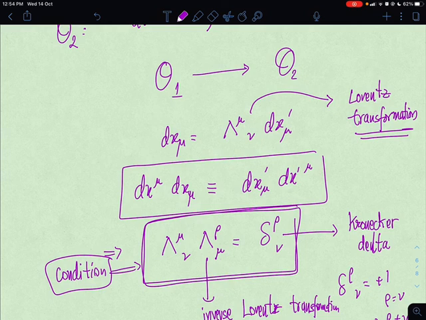That is the only definition we use, and from there we get all these conditions which we have described so far.